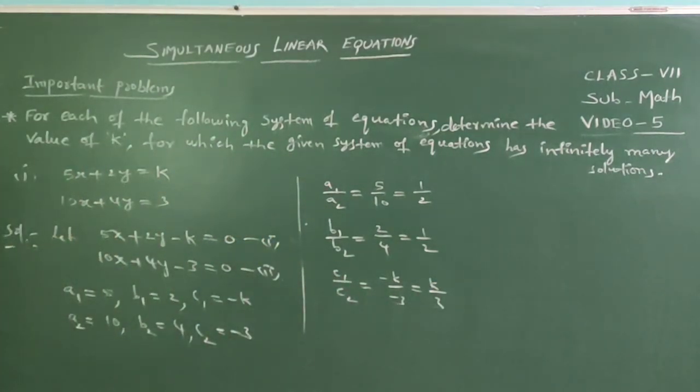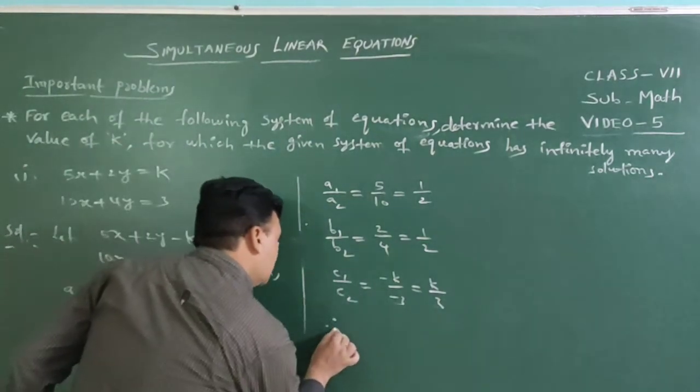The given system of simultaneous linear equations has infinitely many solutions if and only if a1 by a2 equal to b1 by b2 equal to c1 by c2.